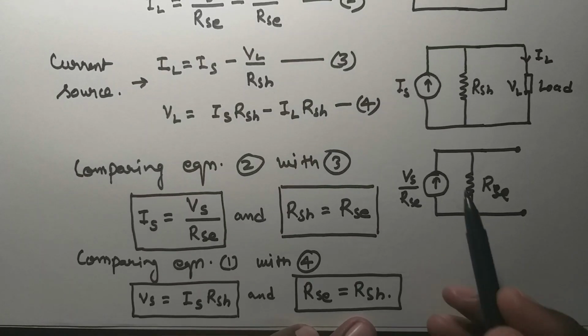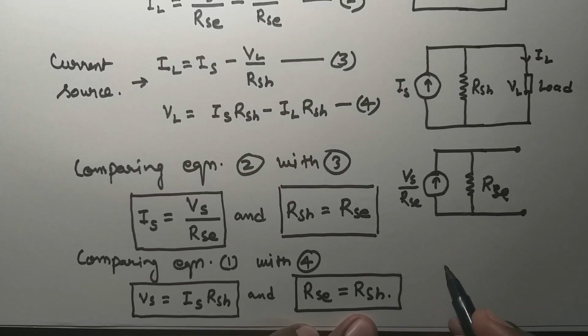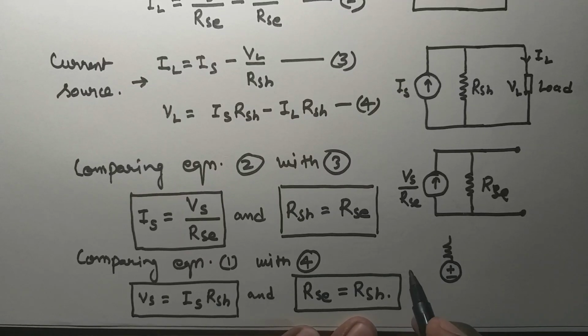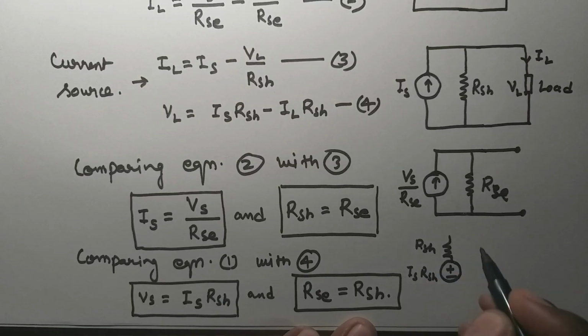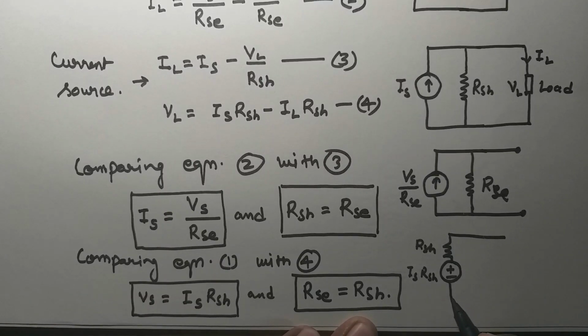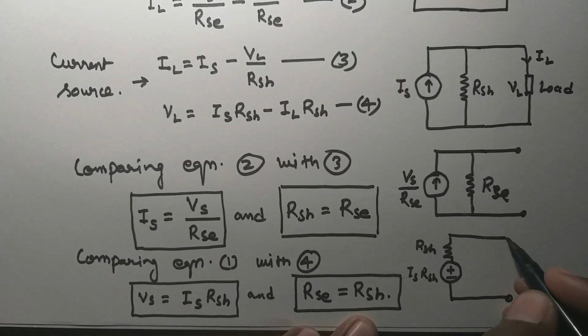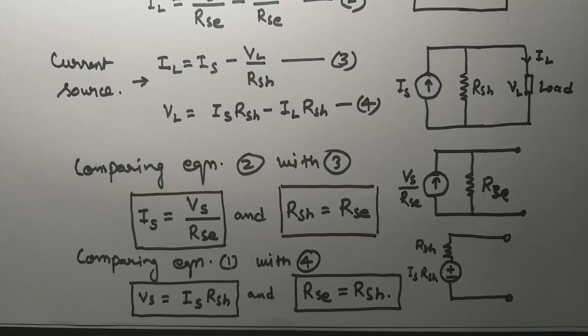So similar to this, we can also draw the diagram for the equivalent voltage source. So the source voltage value is Vs, which is equal to Is Rsh, and the series resistance is equal to the shunt resistance Rsh. So this is the equivalent voltage source of the given current source.